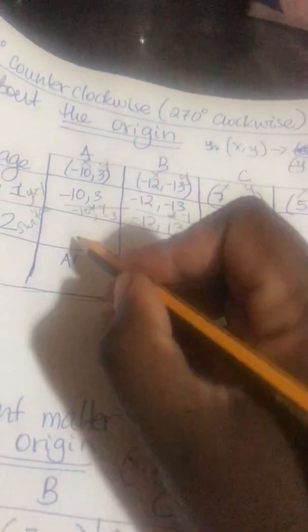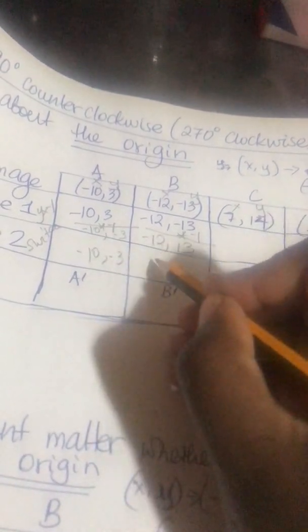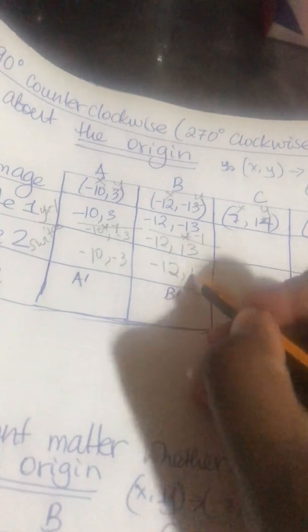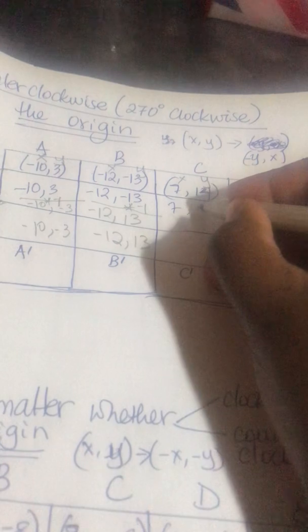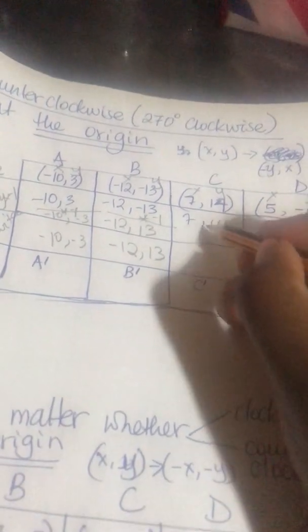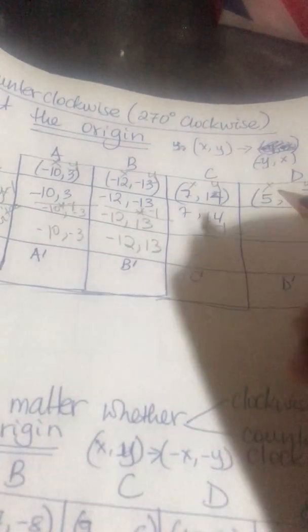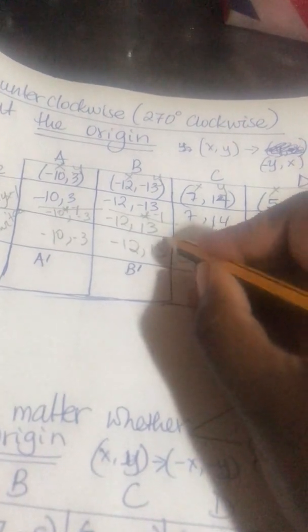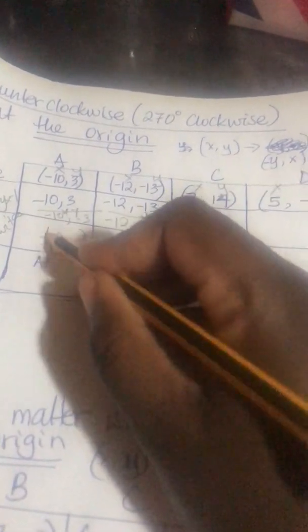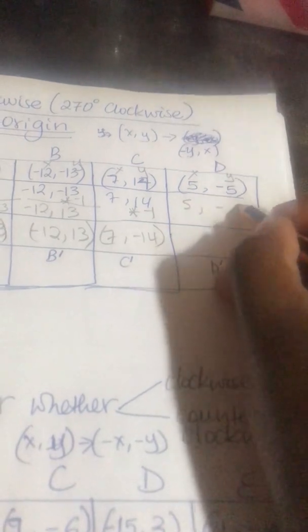Should get here -10, -3, -12, 13. Then here, 7, 14. Multiply this with -1. You will get 7, -14. Here you have 5, -5.